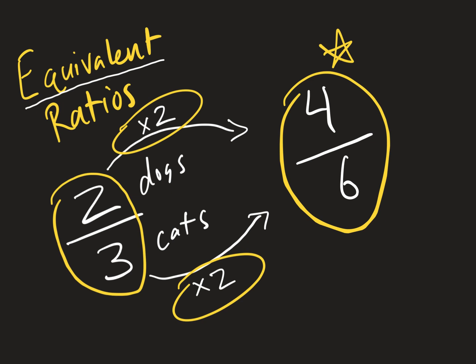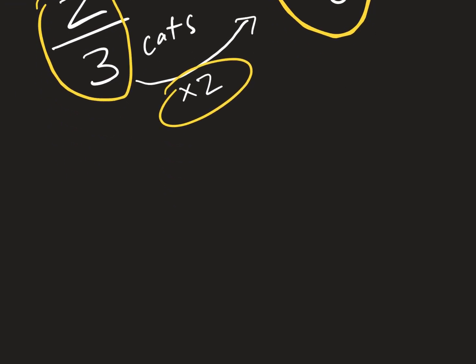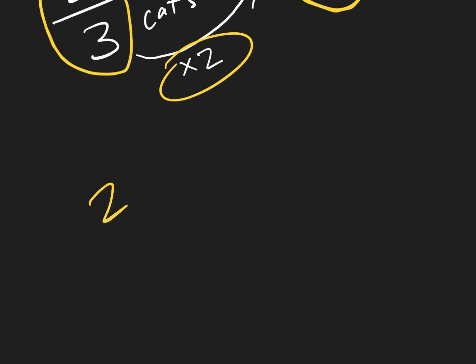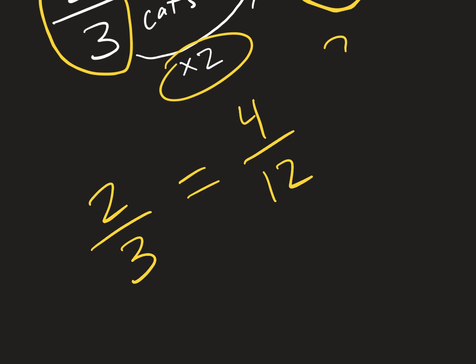And so you might get a question that asks, if I have 2/3 as a ratio, is that equivalent to 4/12? And so if that question is asking that, you can check by saying, well, to get from here to here, am I multiplying by the same number from here to here?